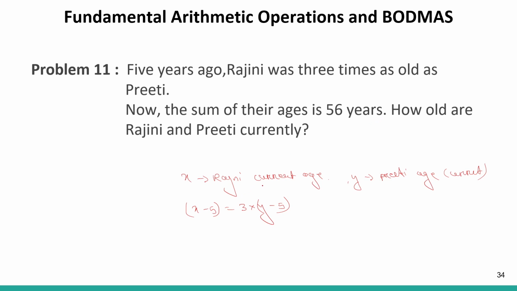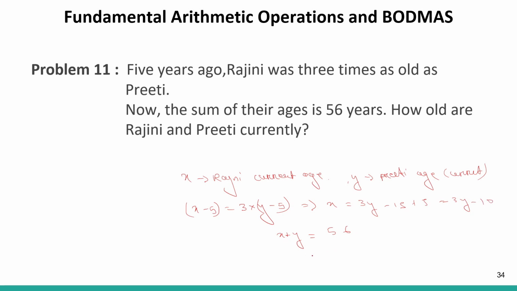Right now their sum is X plus Y is equal to 56. So this implies that X is equal to 3Y minus 15 plus 5, which is 3Y minus 10.